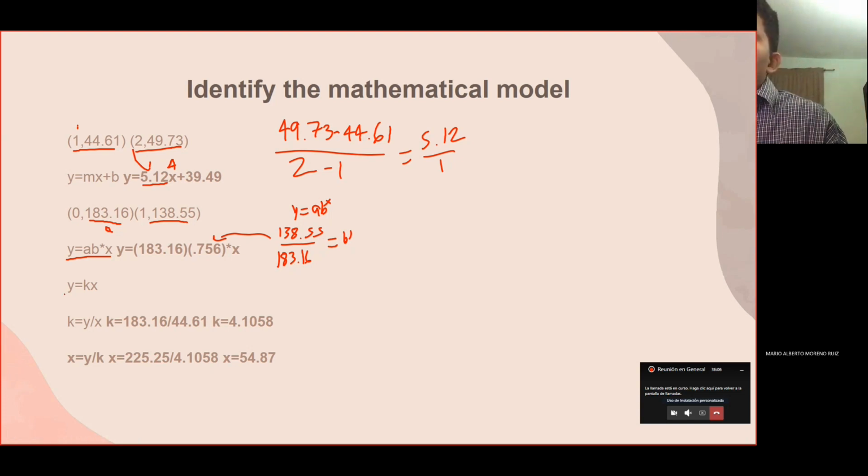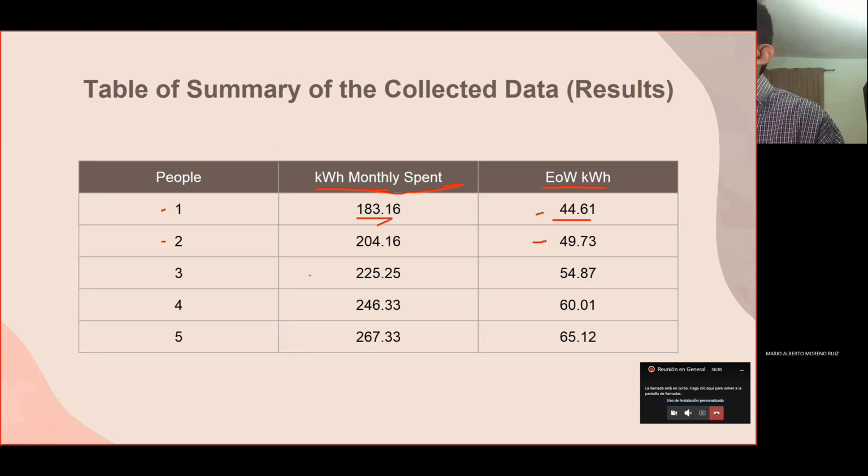And now the final model is the one that is right here. Using one y and one x, we are going to be able to do this calculation and get the constant. And with the constant, we are going to be able to know, for example, right here, that this is from 3 people.